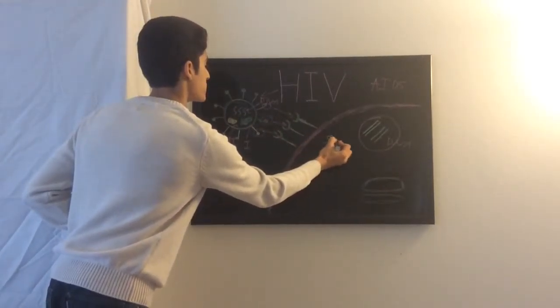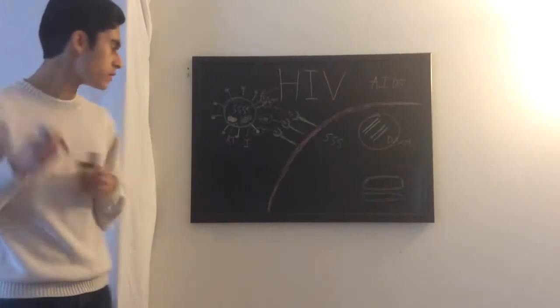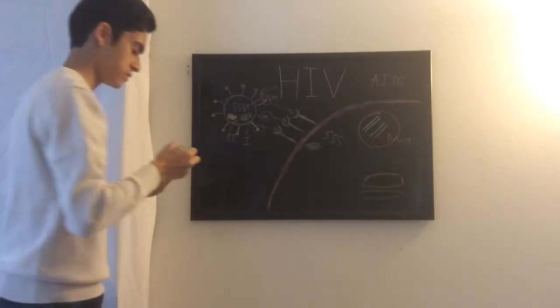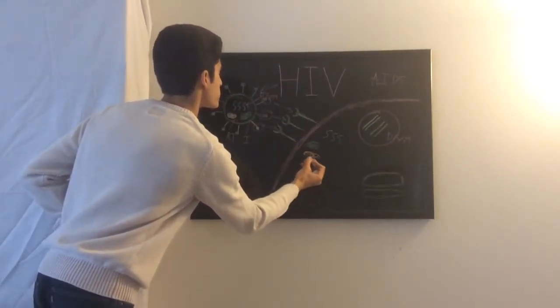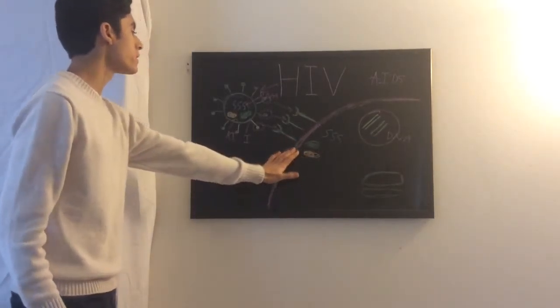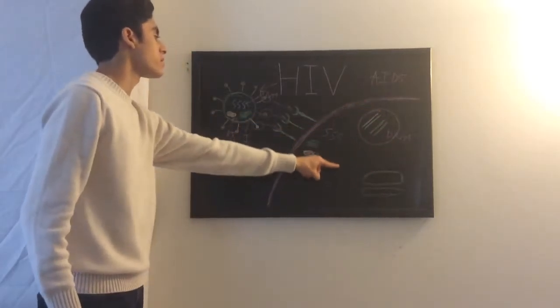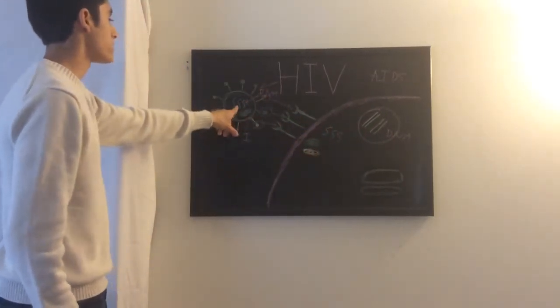So there's the RNA, there's the integrase, there's the reverse transcriptase. Now from here, the virus will use the immune cell's machinery to make more viruses.